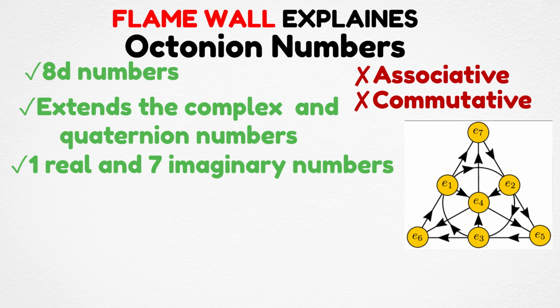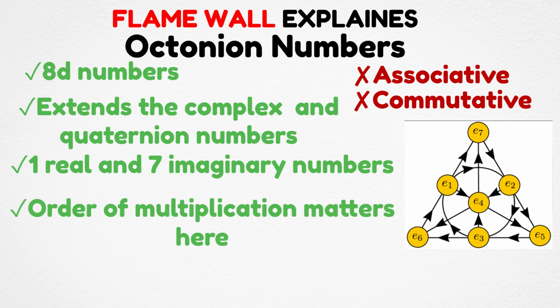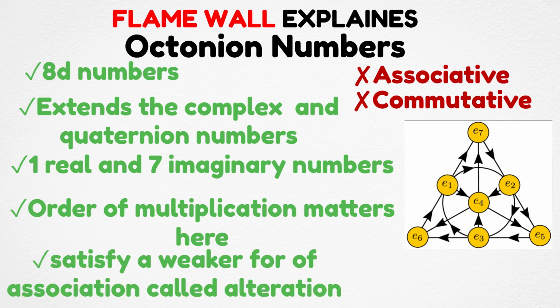Unlike the more familiar complex numbers and quaternions, the order of multiplication matters, but they satisfy a weaker form of associativity called alternativity. They have applications in areas like string theory and theoretical physics.